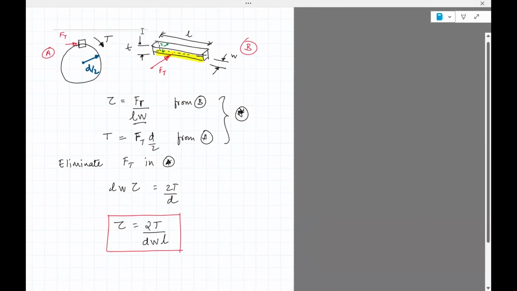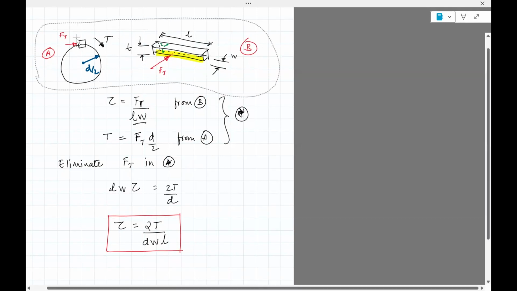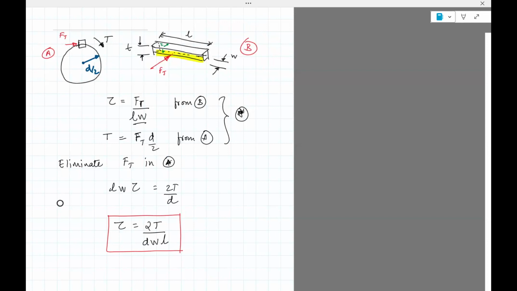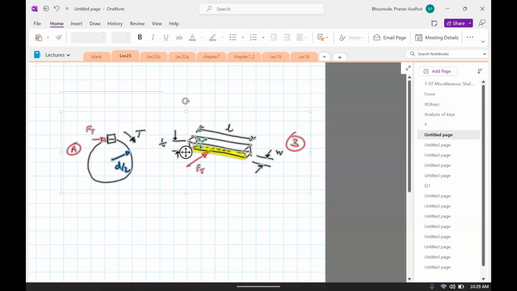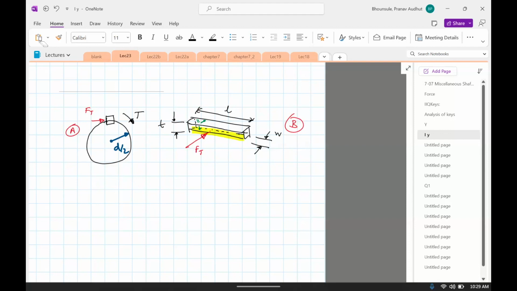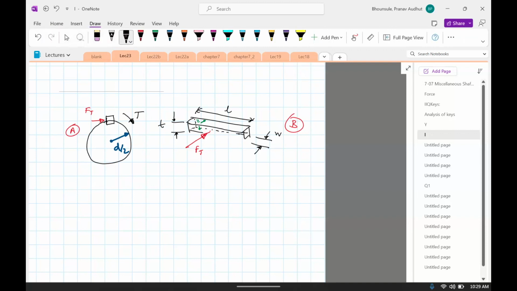Okay, that's one kind of stress. There's another one which appears. I'm going to just reuse these figures. Now I'm not focusing on the shear stress, but we'll focus on the compressive stress. So the same setup, but now we're looking at the stresses which would effectively crush the key.